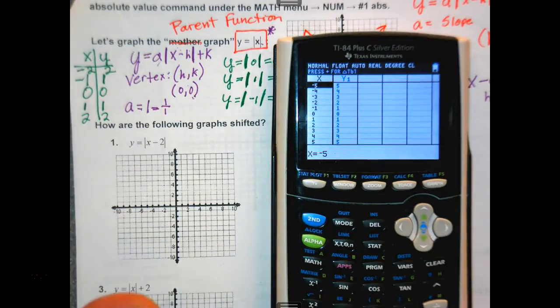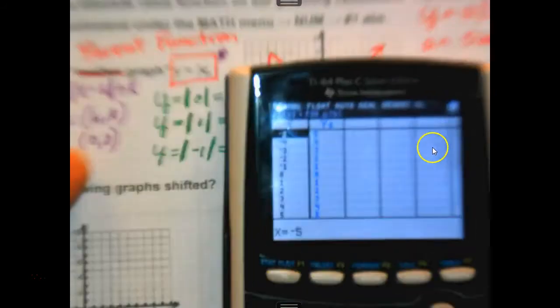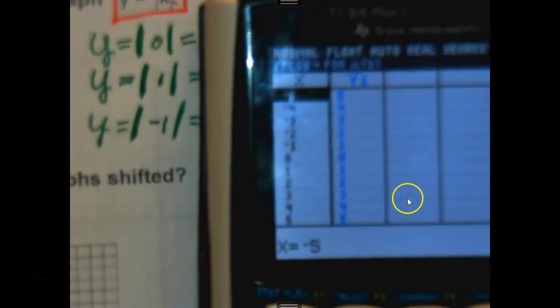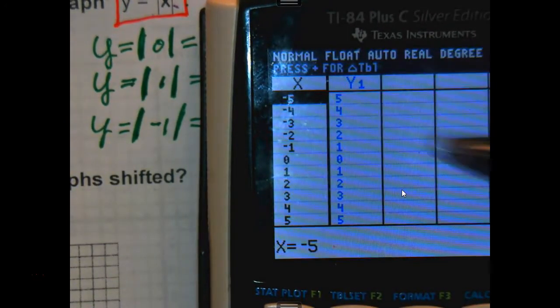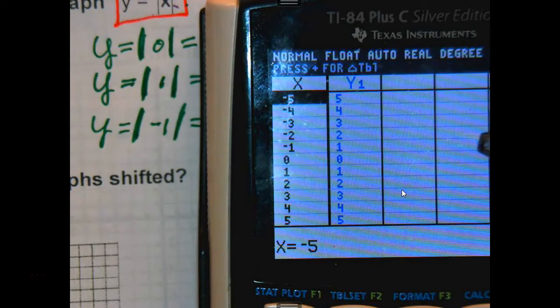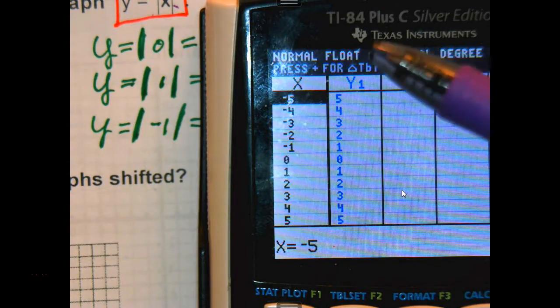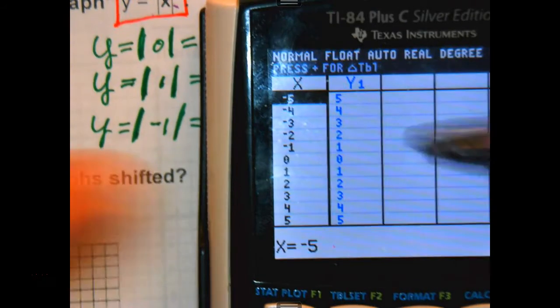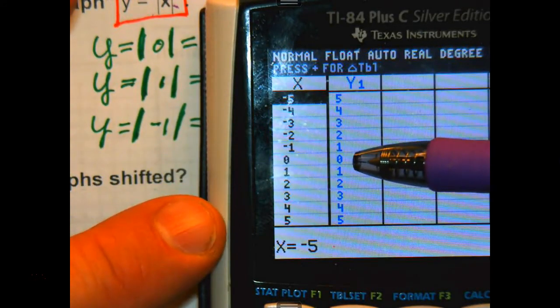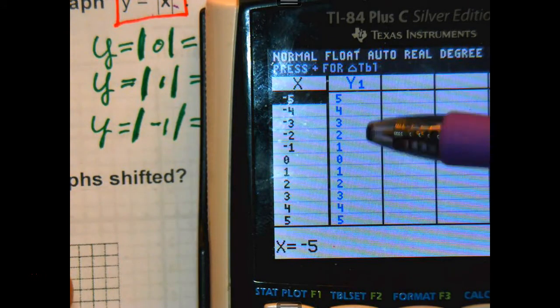Now, on the chart, you can easily see where our vertex is, can you not? Sometimes it won't show it because it's not a whole number, but most of the time you can get your vertex off of your calculator. Obviously, it's going to be 0, 0 because my y numbers start repeating after 0, 0.